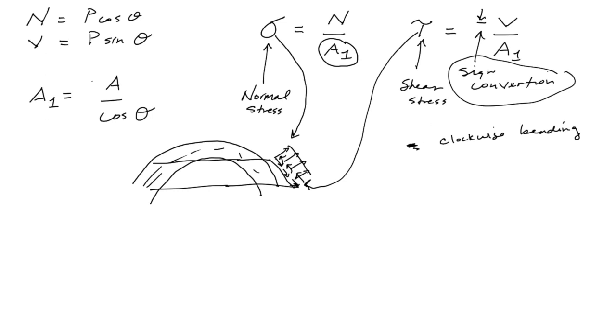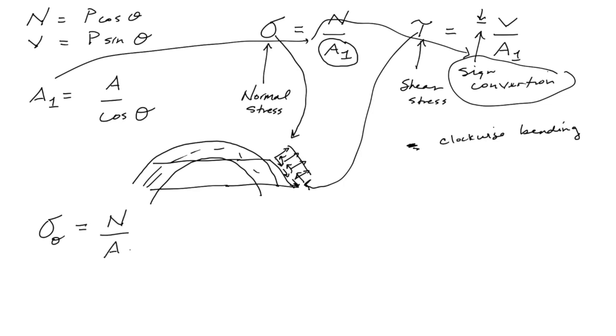Okay, so let's return to what we have here. We have A1 here, and it goes in there and over there. Now let's plug everything together and come up with some nice new notation. So sigma theta, this is the normal stress for a particular cut at an angle theta. It's going to be equal to N over A1.